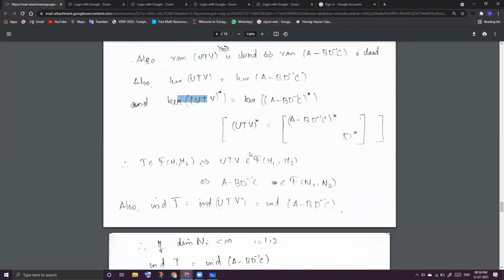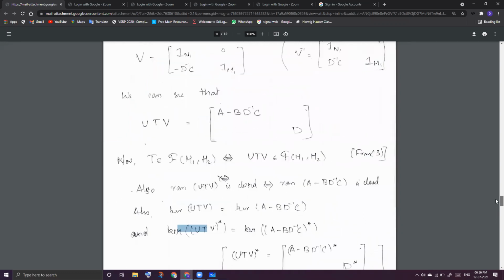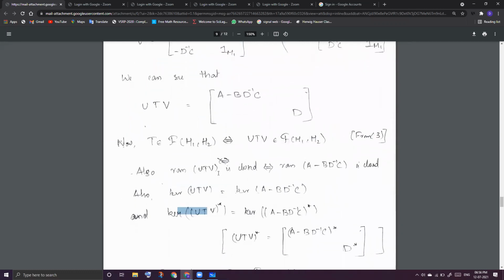So what I did here was I showed that the kernel of UTV, or UTV star, is the kernel of this operator, and the range of this one is closed if and only if the range of this one is closed.